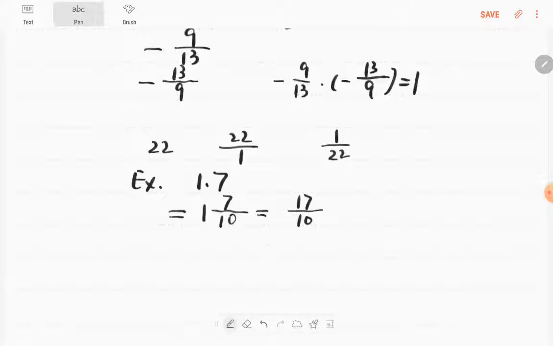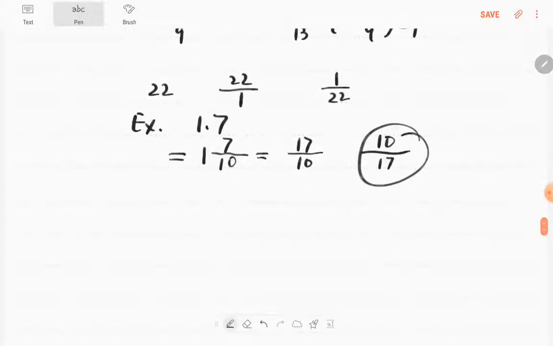Remember, we only need to flip it, right? So the answer will be 10/17. Okay, so basically we treat the original number as a fraction. How can we get the reciprocal of it? We just flip the denominator and the numerator. Then we can find that's the reciprocal.